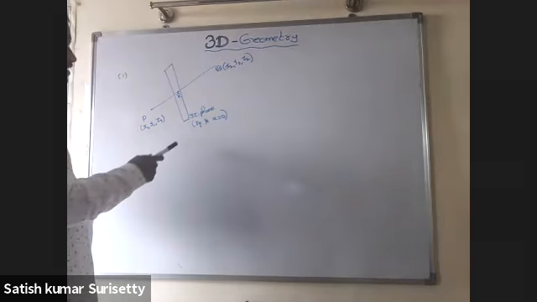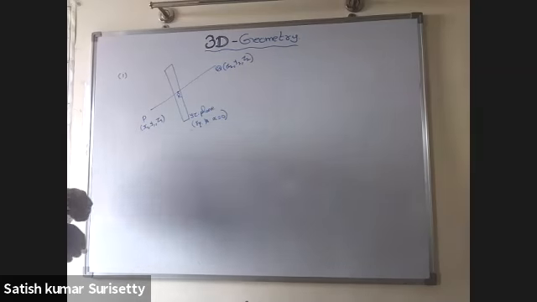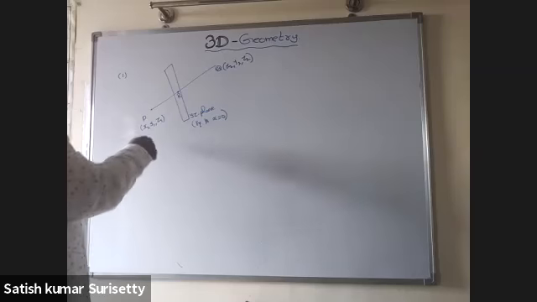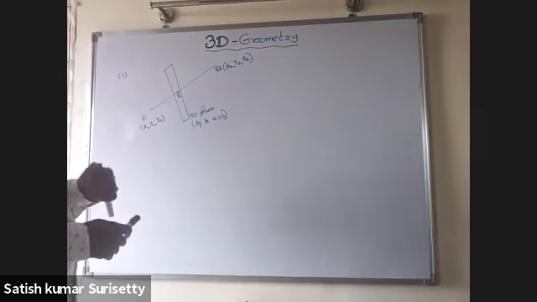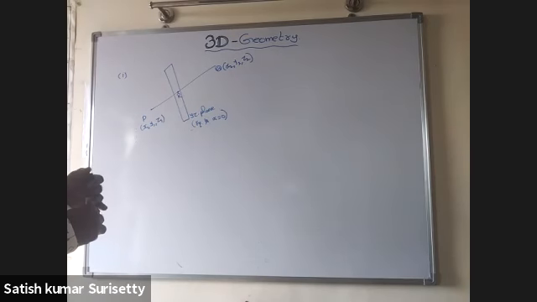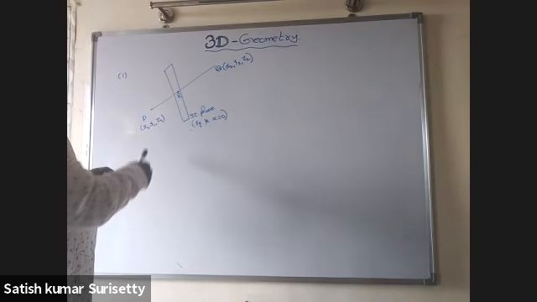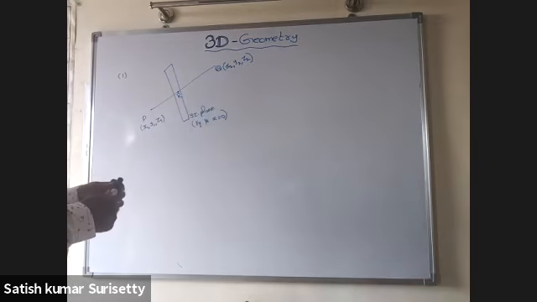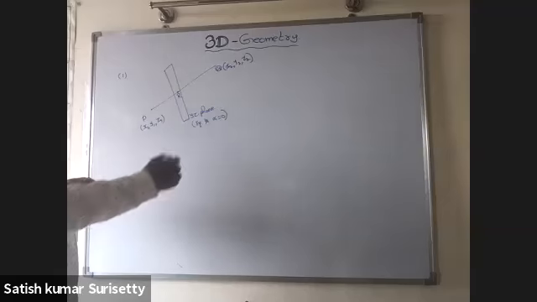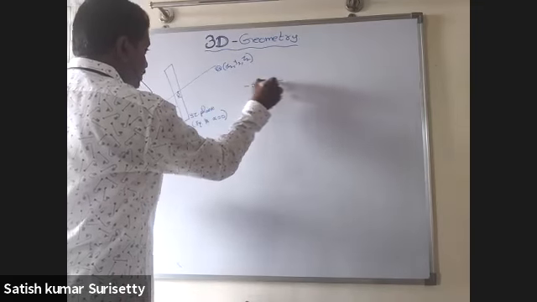The ratio in which the YZ plane divides the line segment joining P(x1, y1, z1) and Q(x2, y2, z2) is minus x1 is to x2.